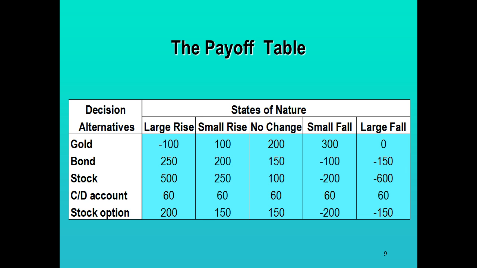So if you invest in stock, you're hoping the large rise happens. But if you invest in stock, it could also be a large fall and you lose 600 bucks. So given that, you can still say stock. I can do that. All right, you'd go gold. Okay, so gold, negative 100, 100, 200, 300, 0.